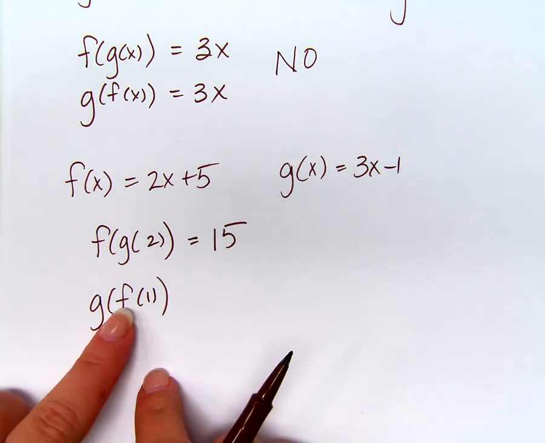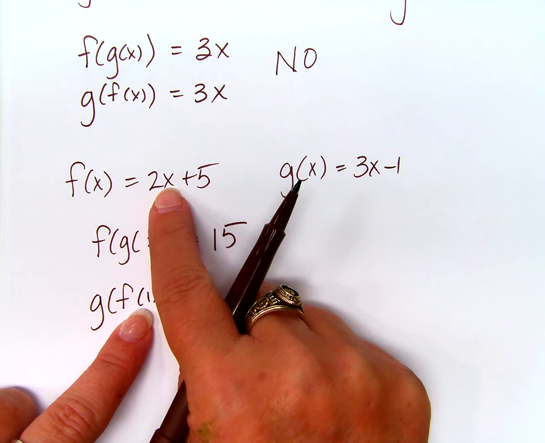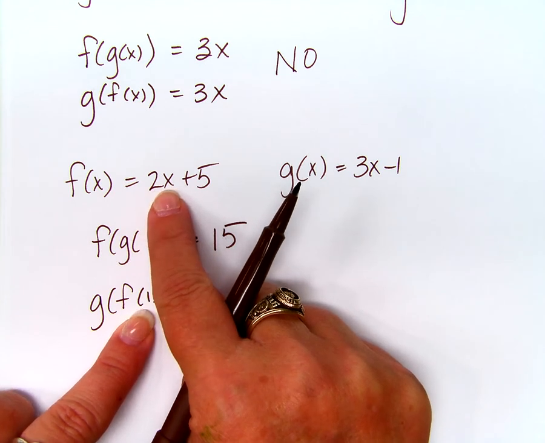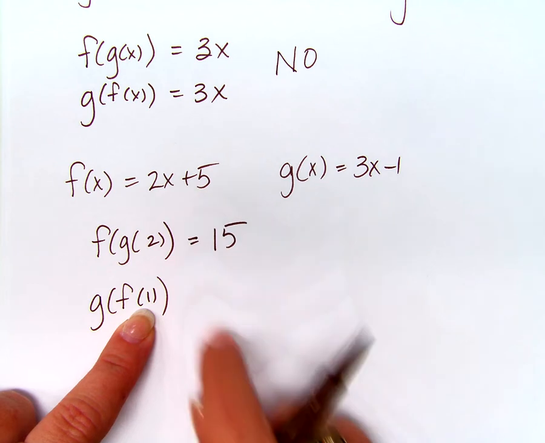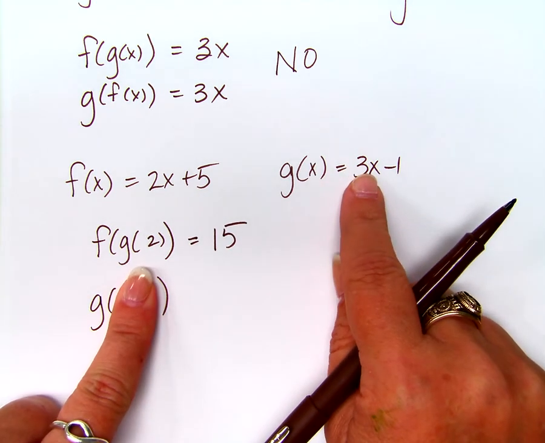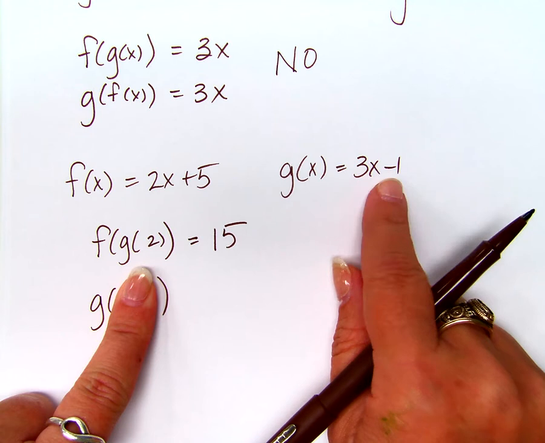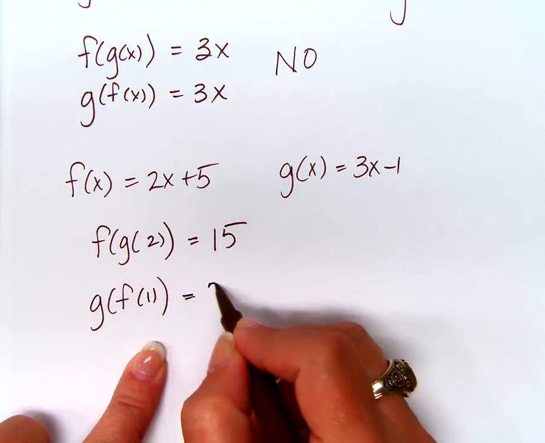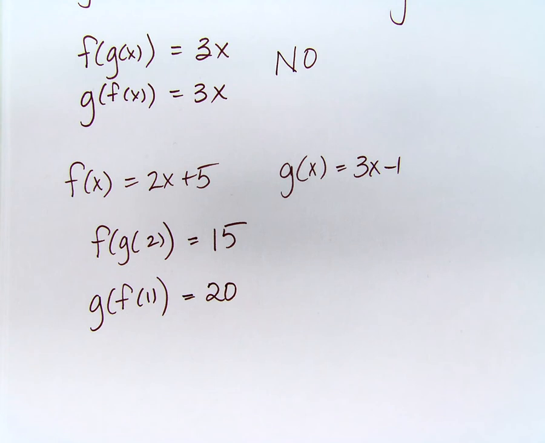Put the 1 in f. So 2 times 1 is 2. 2 plus 5 is 7. So f of 1 is 7. So come over here. 3 times 7, 21 minus 1. So g of f of 1 is 20. Does that make sense?